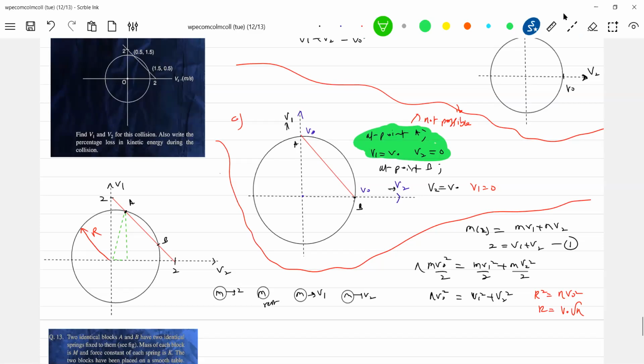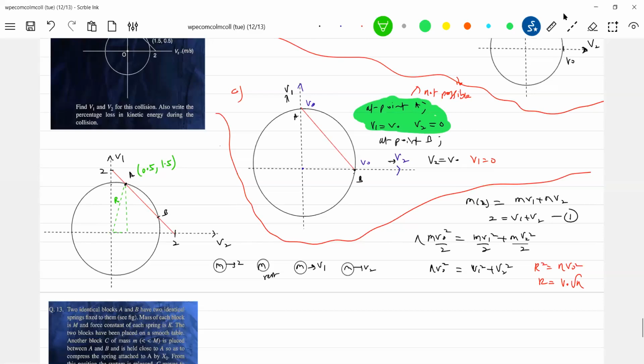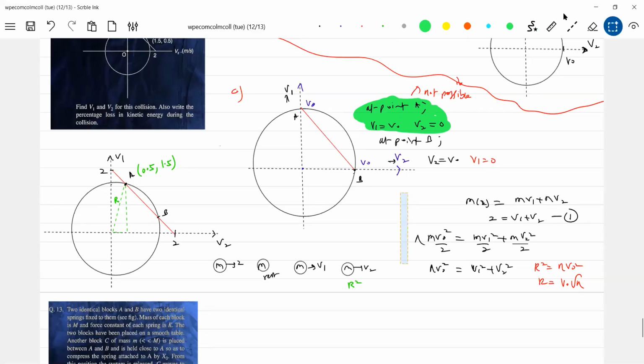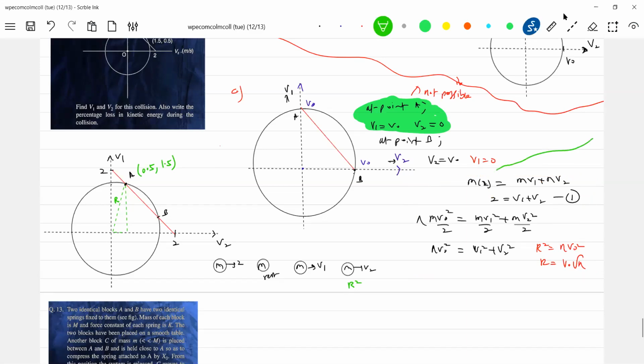What all do we know? We know the coordinates of this are 0.5, 1.5. So can we bring this r square is equal to 0.5 whole square plus 1.5 whole square.